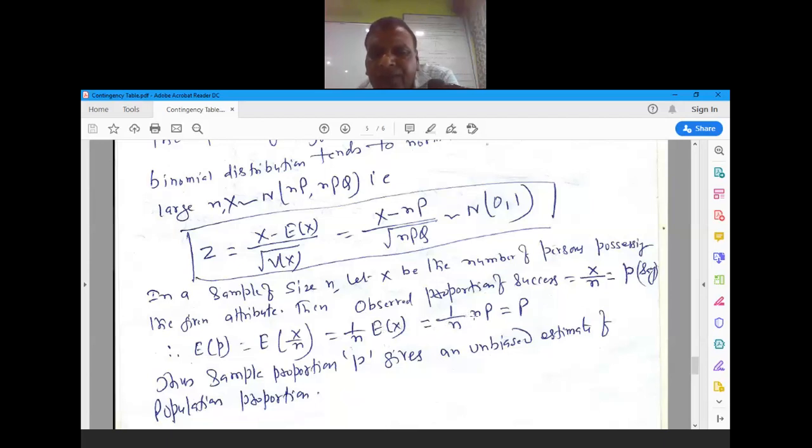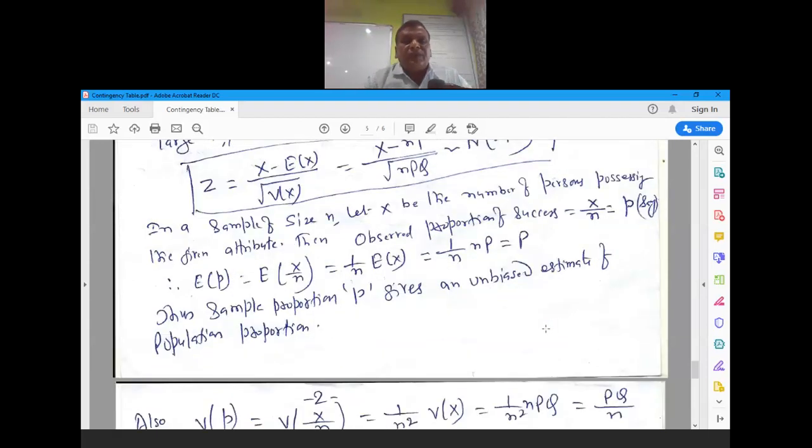So n is cancelled out, and it remains as such p. So this shows that the sample proportion, that is a small p, gives an unbiased estimate of the population proportion. So the formula to calculate population proportion and sample proportion are both the same.